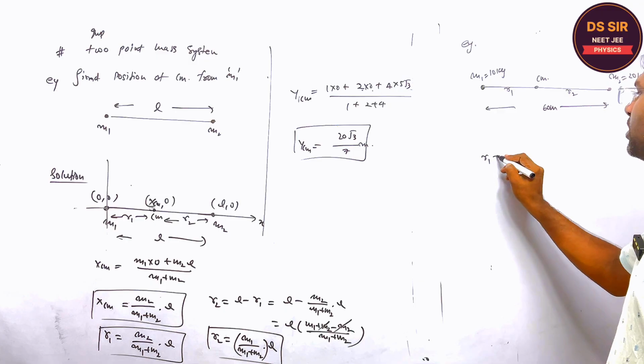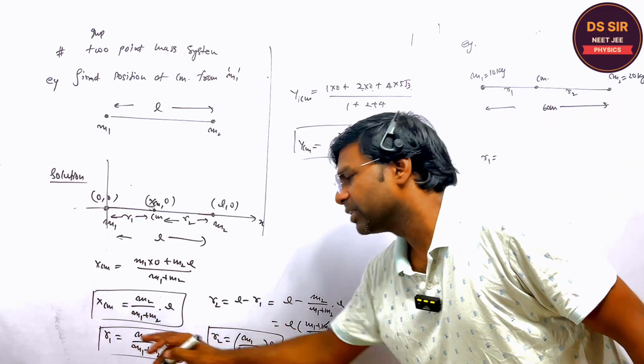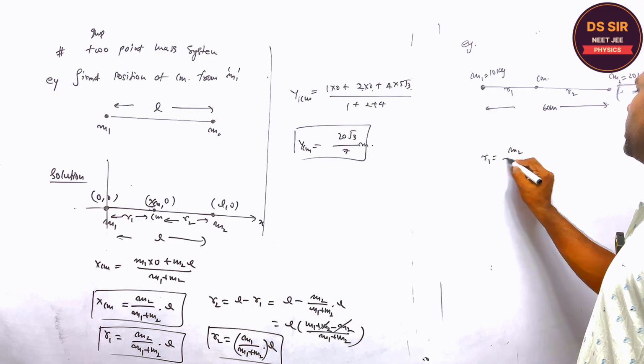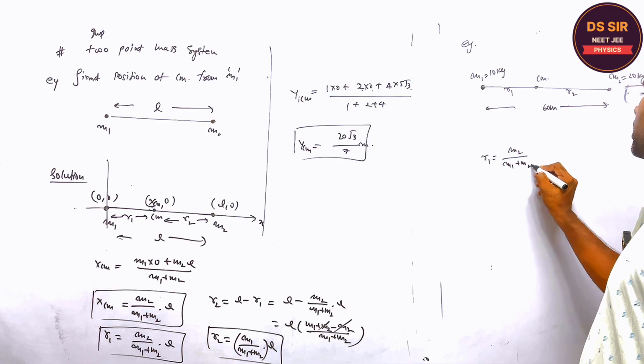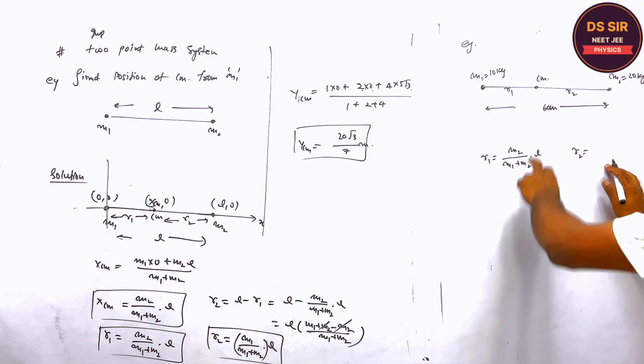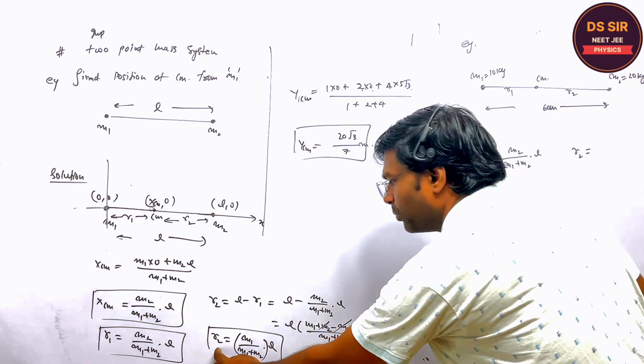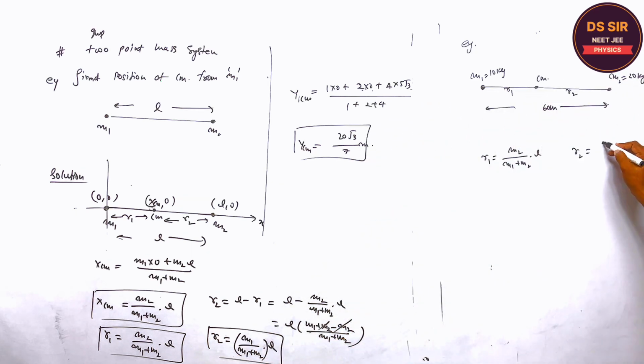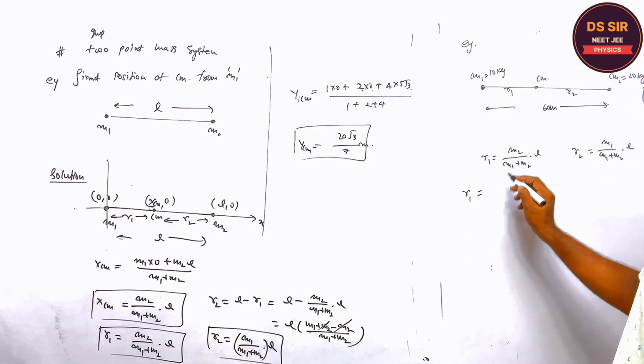In case of R1, the M2 will be in the numerator. Is it clear? In case of R2, the M1 will be in the numerator, M1 plus M2 into L. Is it clear or not? So R1 is equal to what?